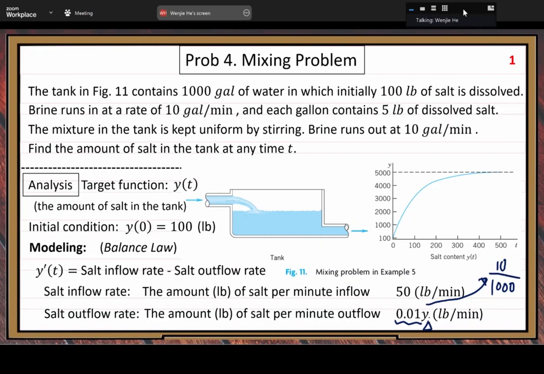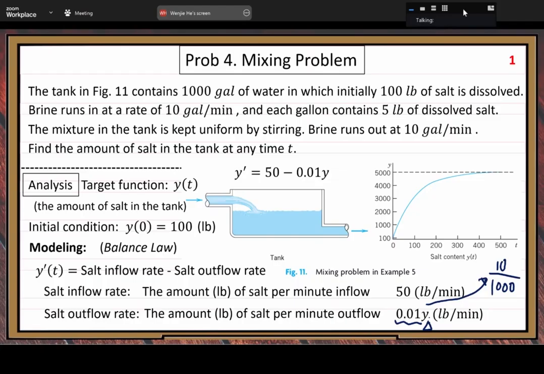Then, based on this analysis step, you have the final equation. Y prime equals 50, the inflow, a constant, minus 0.01 y, the outflow. This expression is the amount of salt outflow per minute, the rate per minute.